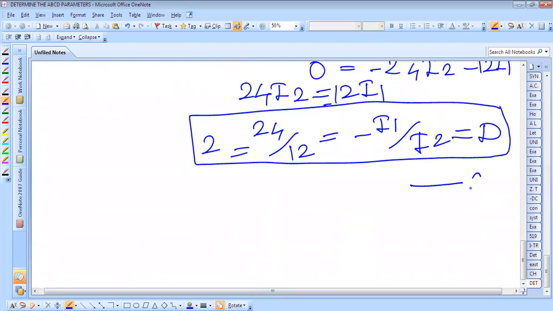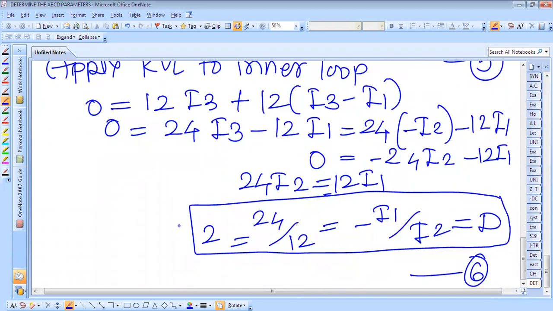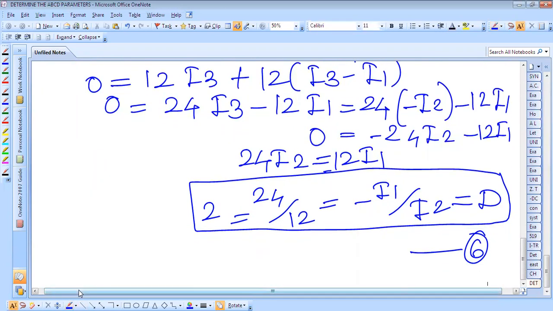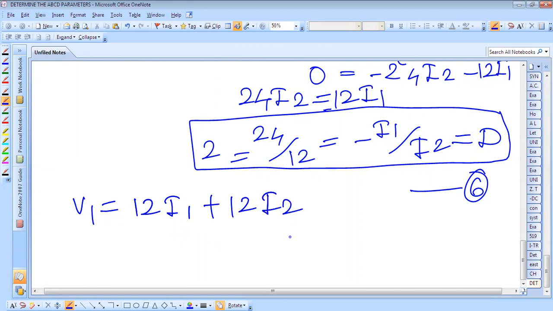Now what remained? The B parameter. B parameter can be found from equation number 5. So V1 is 12 I1 plus 12 I2.